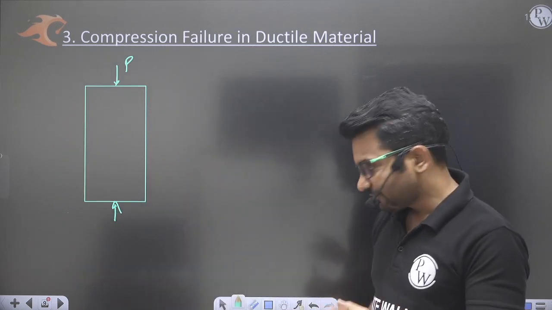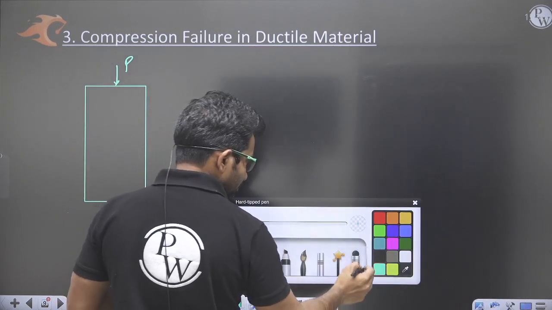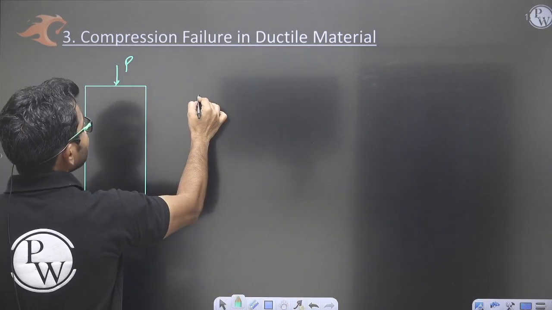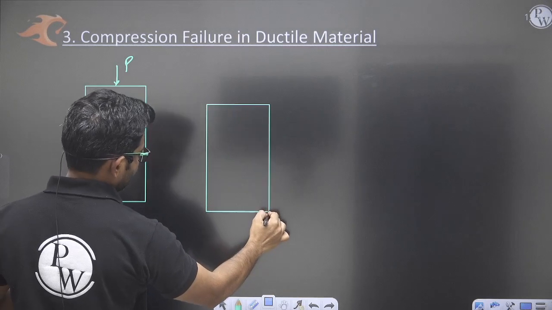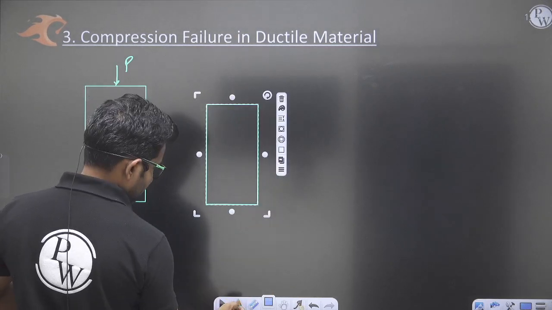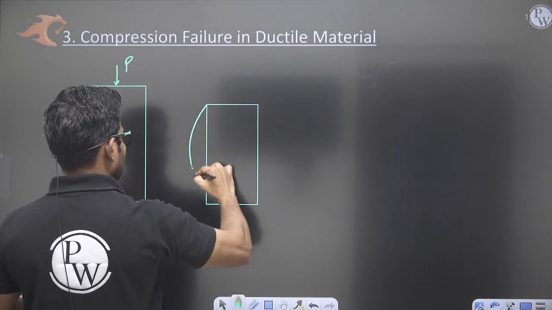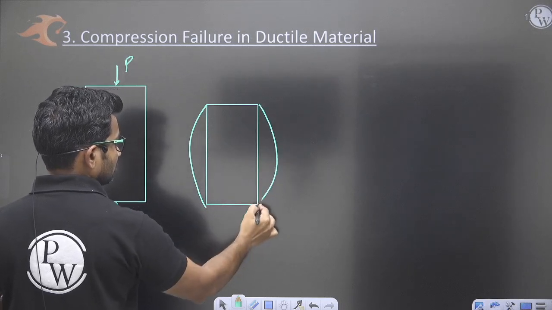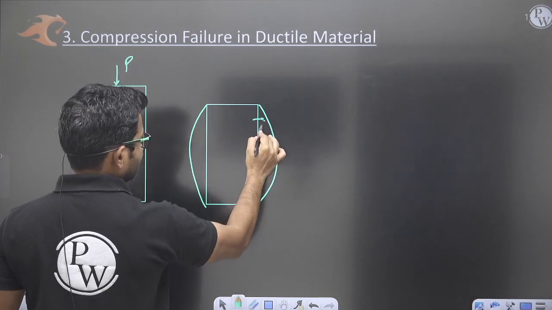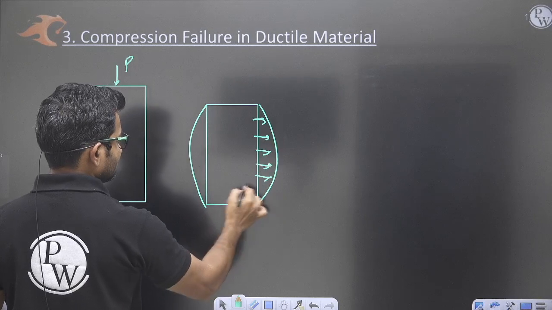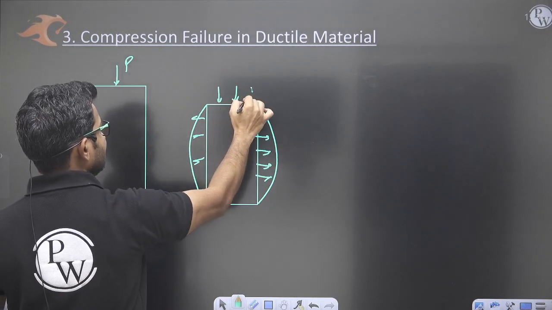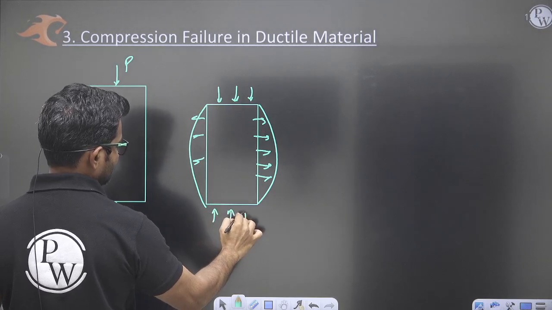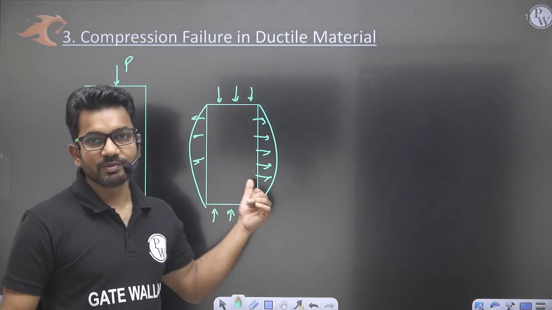So the specimen will look something like this. So lateral expansion will be taking place, and longitudinal compression will be taking place like this.